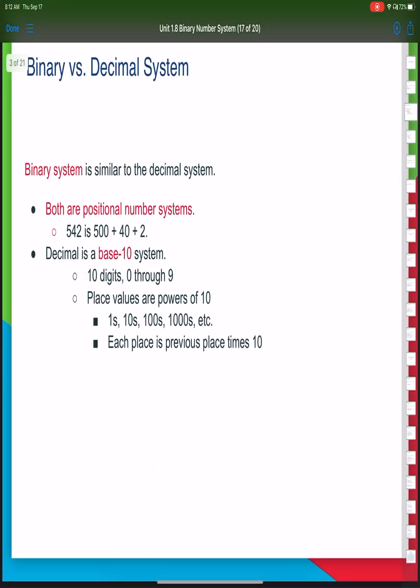We're very familiar with the decimal system, and that's what we use in order to make sense of numbers and things around us, where the computer uses binary. There are other forms of systems out there. There is an octal system, which uses numbers 0 through 7. There's a quinary system, which uses 5 numbers, basically 0 through 4.